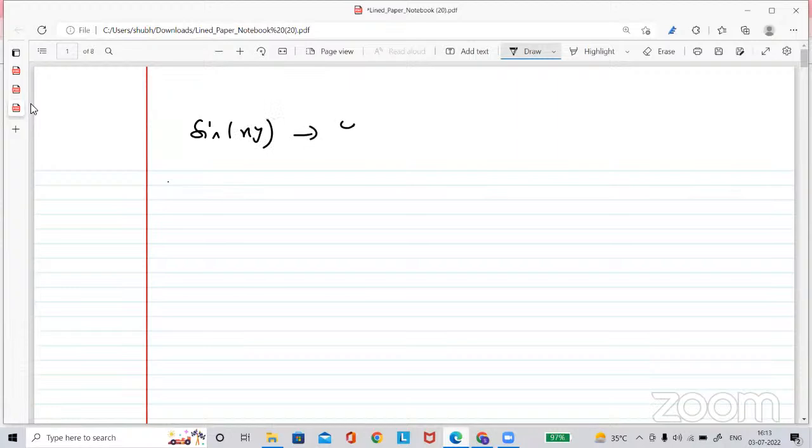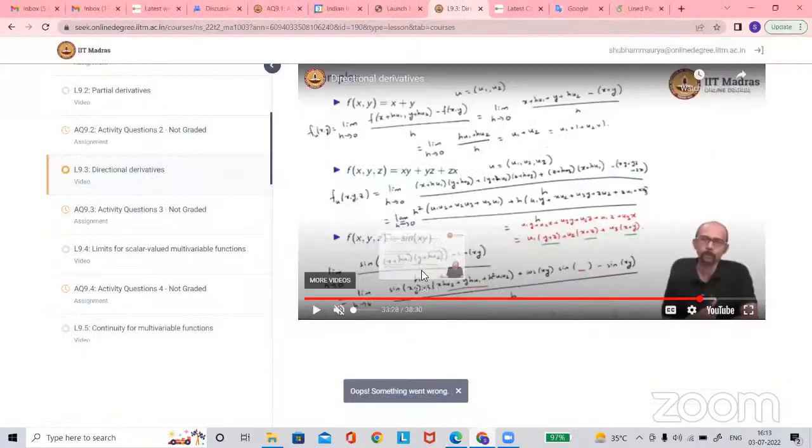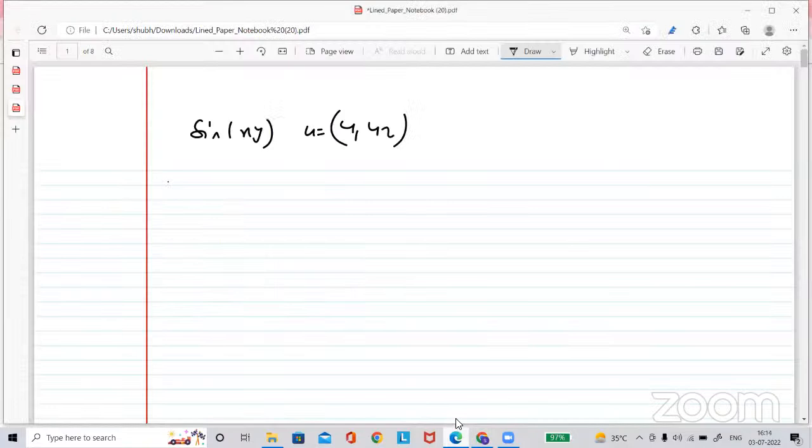In the direction, sir has generally taken u equal to (u1, u2), and sir is talking about the general case, not at a particular point xy. So the directional derivative in the direction of u of the function at point xy is written as a limit.